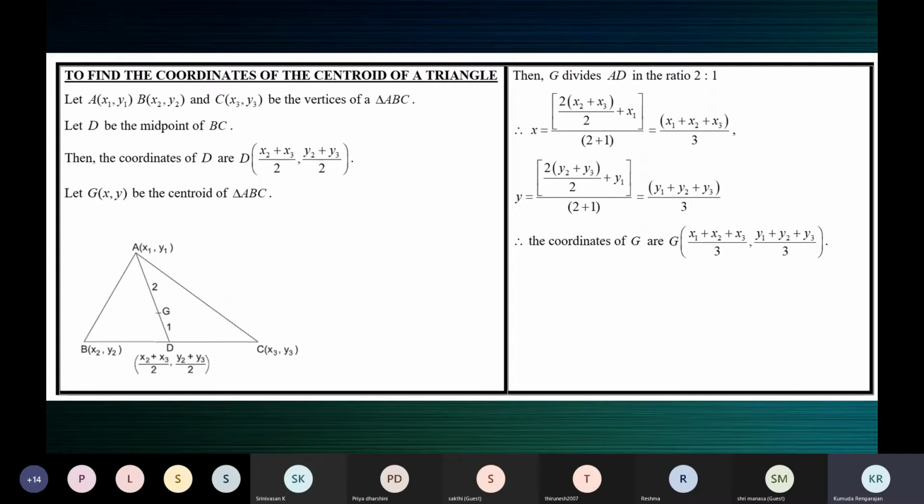Is it fine, children? Yes, ma'am. Okay. You need to write this in your book. Since I started a little late, I don't want to wait for you to finish writing this. Take a picture and make sure you complete this in your book, children. Just write the heading and leave some space so that you will realize that you have to complete something there.